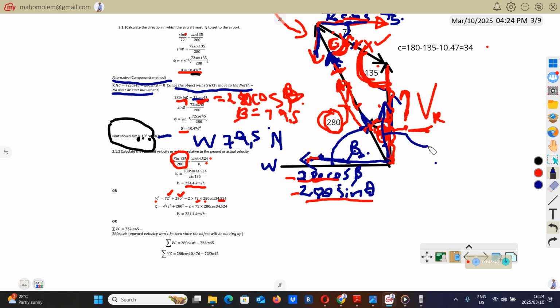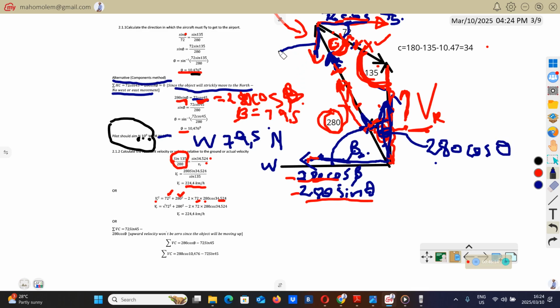The vertical component of this line, if you consider this angle theta, is going to be 280 cos theta.